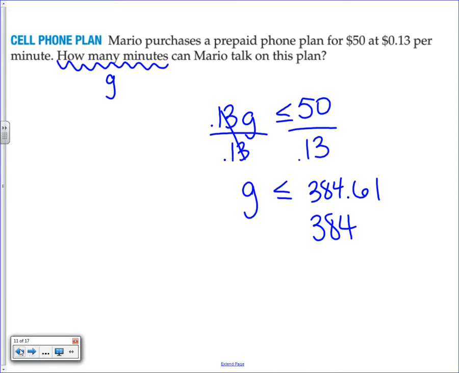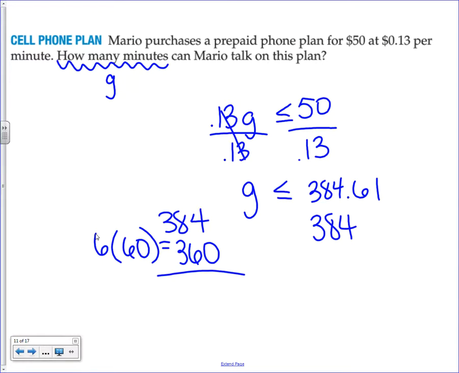There's 60 minutes in an hour, right? So 360 minutes is 6 hours. So yeah, about 6.5, yeah. What is 6 times 60? 360, isn't it? Yes. So what's 384 minus 360?